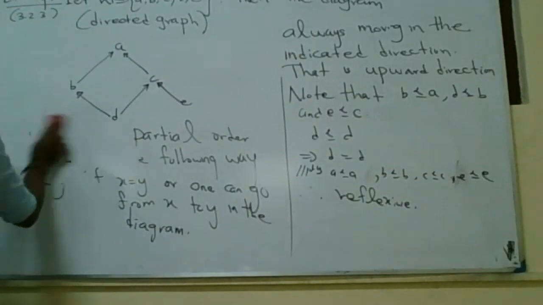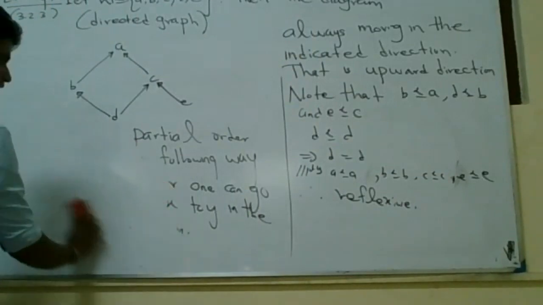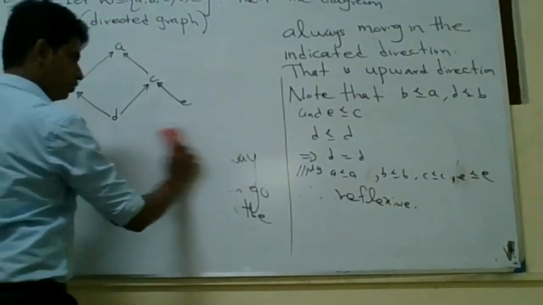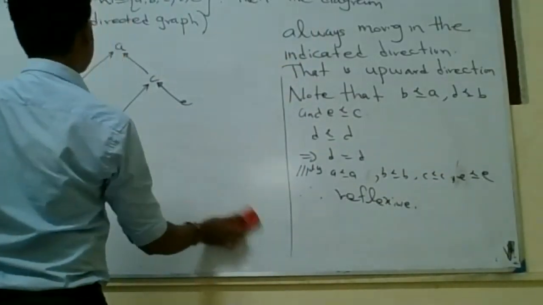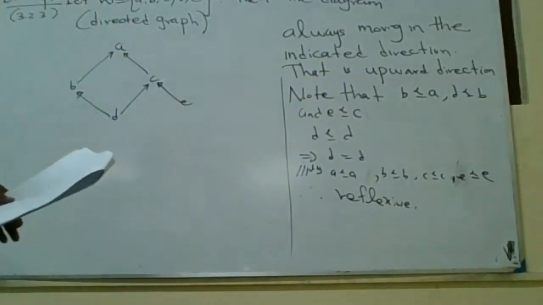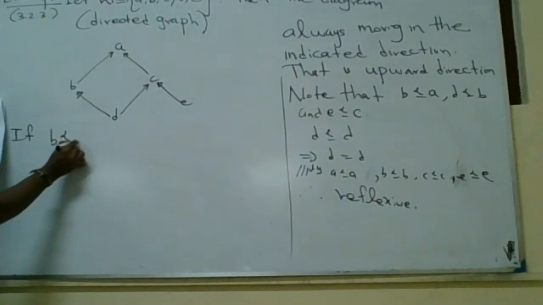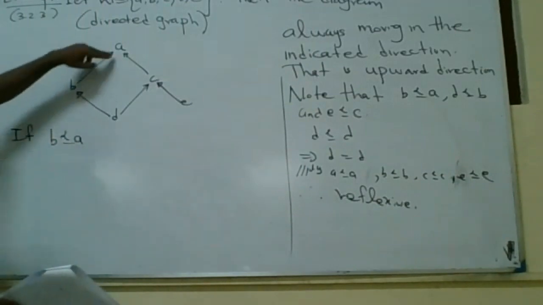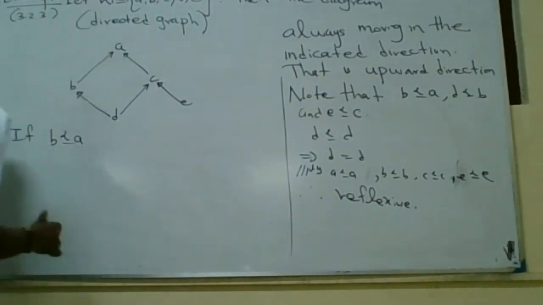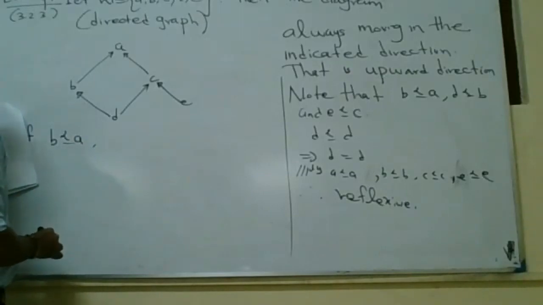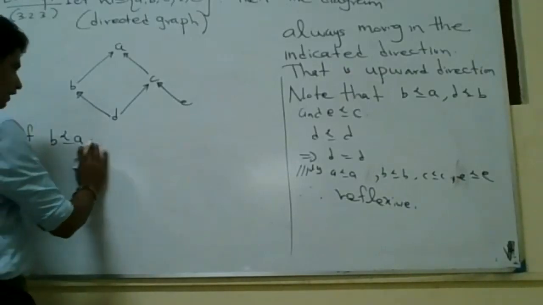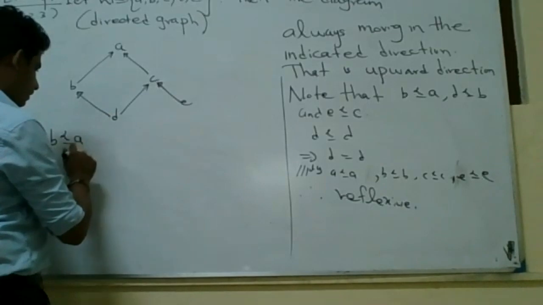Now reflexive is okay, and antisymmetric and transitive you want to check. If B is related to A, it's okay. There is another way to show antisymmetry.